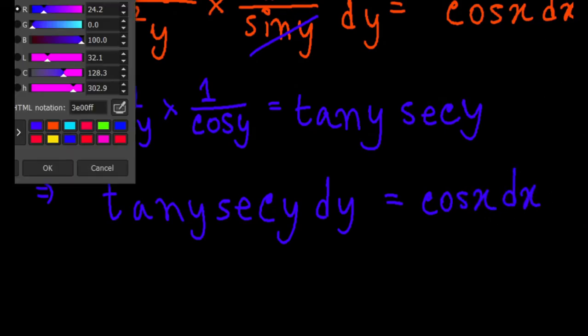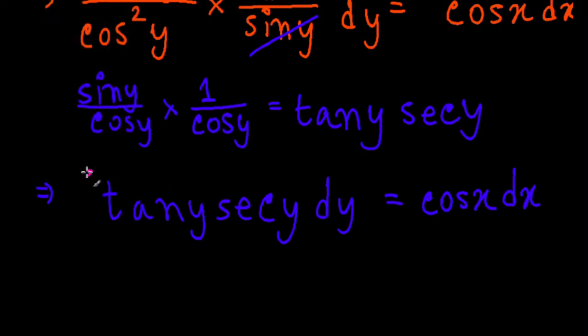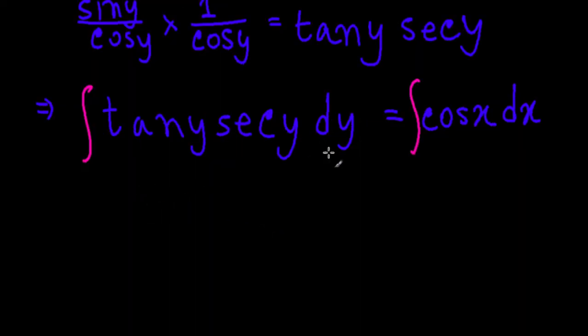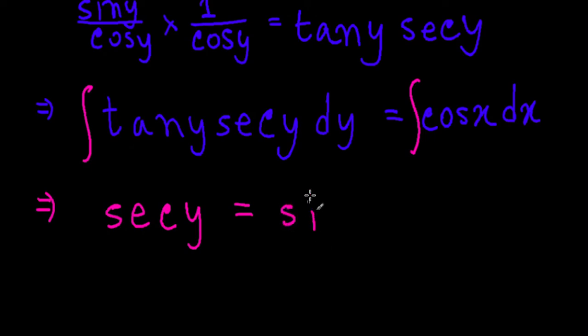All we need to do is take the indefinite integral, or the antiderivative, on both sides. The integral of tangent of y secant of y is just secant of y, and I'll add the constant on the right side. The integral of cosine of x is just sine of x plus some arbitrary constant.